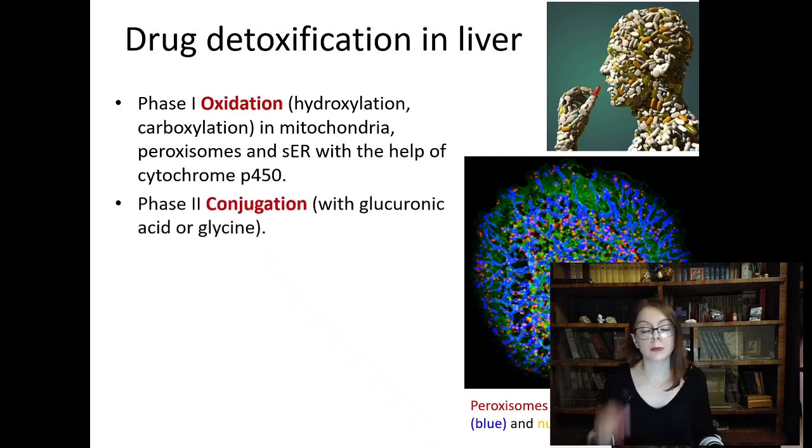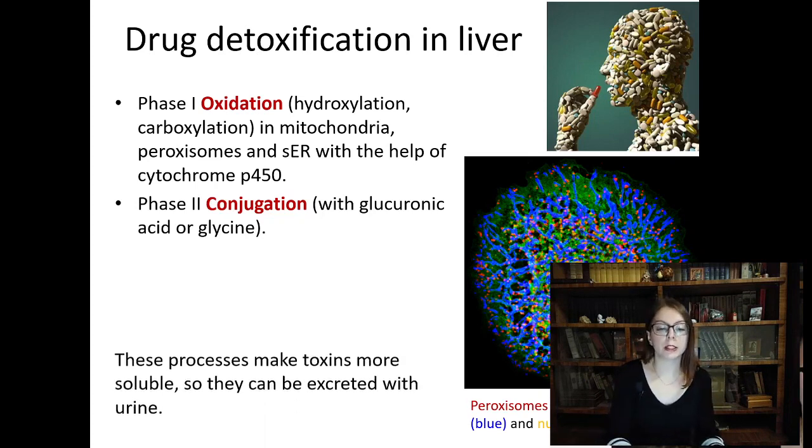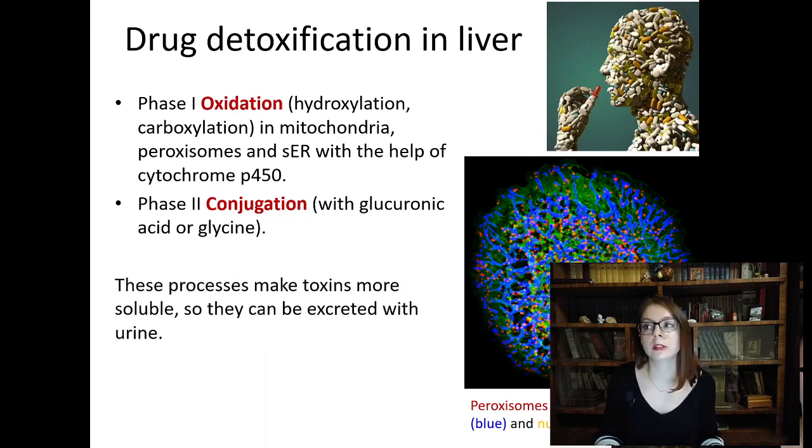During the next step, conjugation takes place. Those substances are conjugated with polar molecules like glucuronic acid or glycine. Taken together, those measures are needed to facilitate the excretion of drugs with urine with the help of our kidneys.